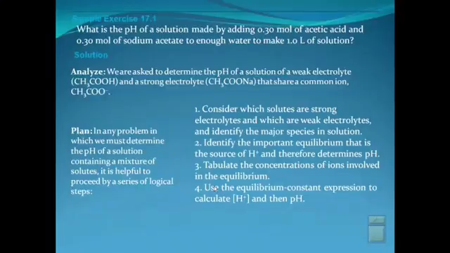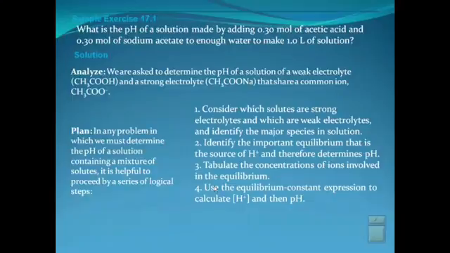Number 2. Identify the important equilibrium that is the source of your H+, and therefore will determine your pH. Remember how in the previous chapter, chapter 17, we learned that certain ions, when they're weak in solution, can change the pH because they hydrolyze with water. That is what we're looking for: weak ions that will alter the pH of your solution.